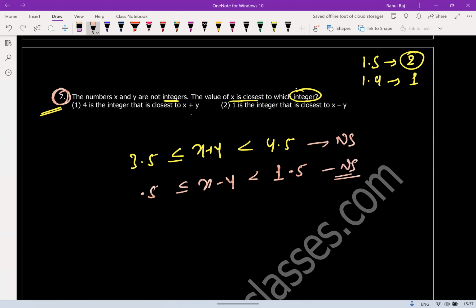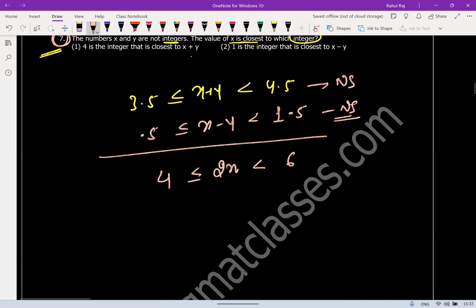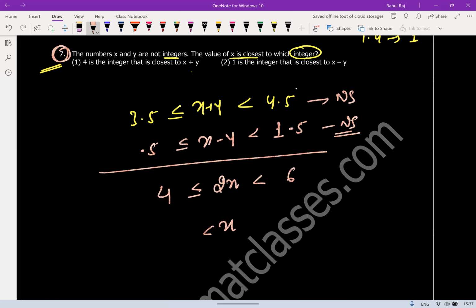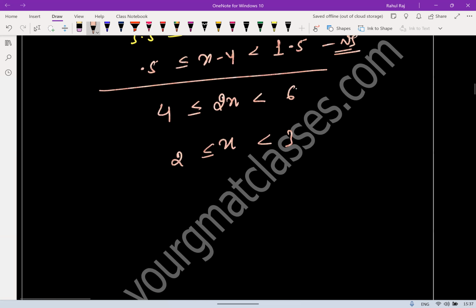If it is not sufficient, now we combine. Combination of two equations is what? To solve those two equations. These are two inequalities given to you. If you add them, what do you get? 2x is greater than or equal to 4 and less than 6. If you divide by 2, you get x greater than or equal to 2 and less than 3. So the value of x can be 2.1, and this is close to integer 2.